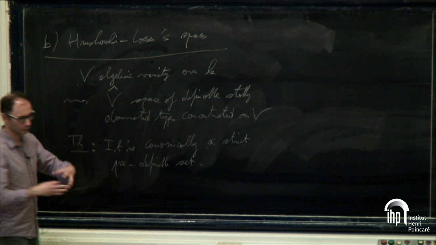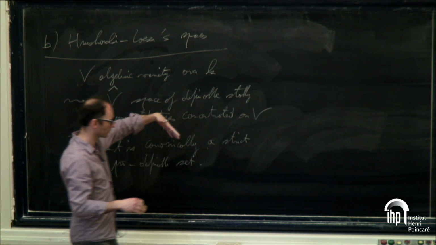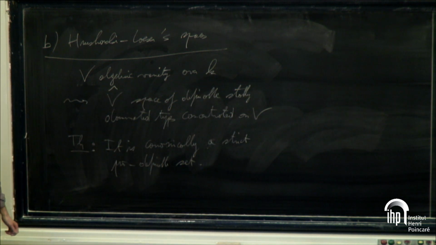So pro-definable, you can guess, means you have a projective system with definable maps, and strict means that at some point the maps in your system become surjective.